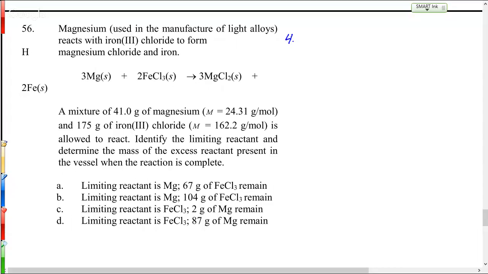So you would take 41.0 grams of magnesium.